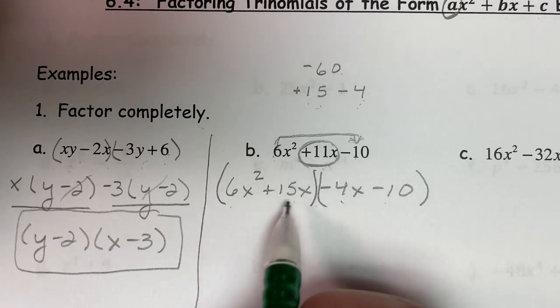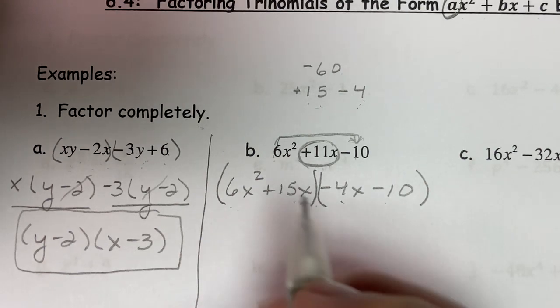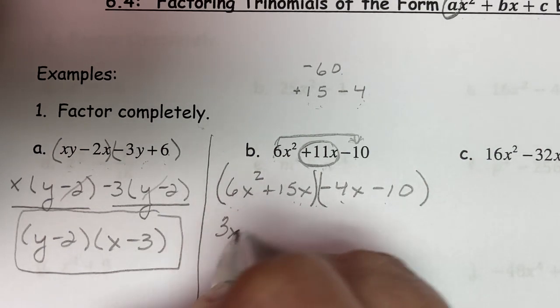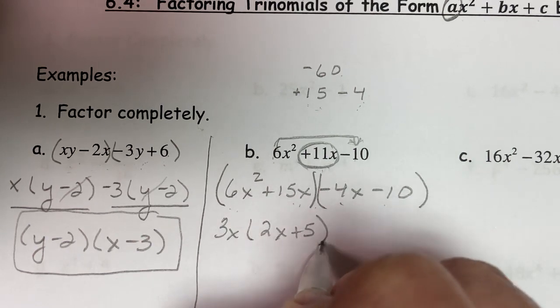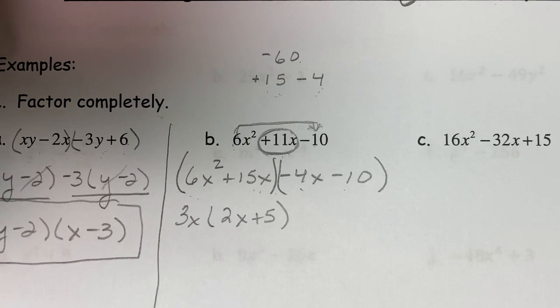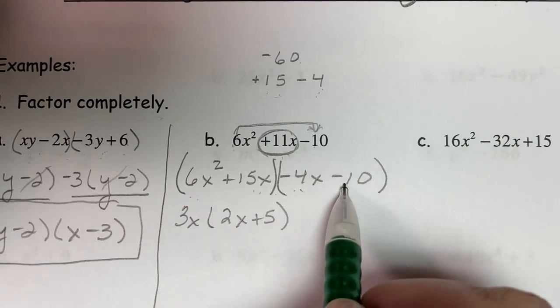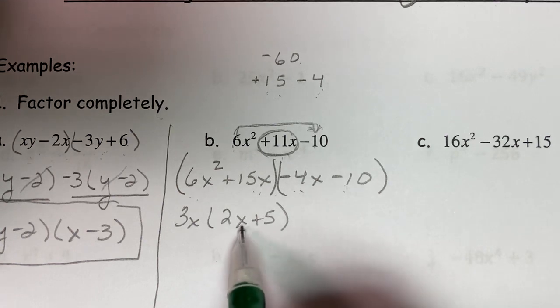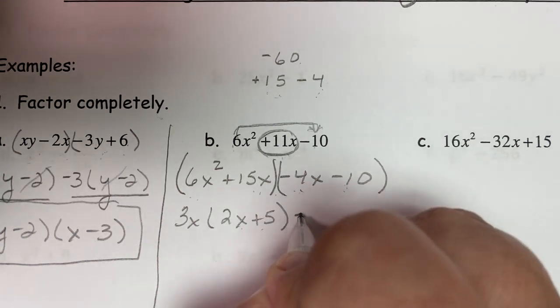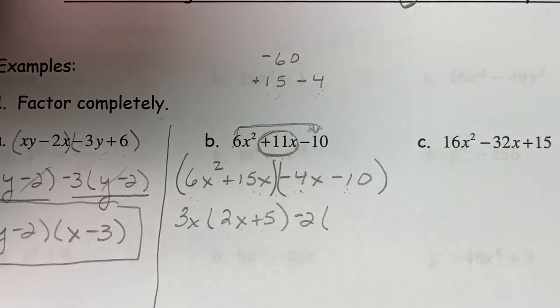So if I take a greatest common factor out of these 2, it's going to be 3x, which would leave me with 2x plus 5. You should be getting good at grouping by this point. What can I take as a GCF out of my second group that's going to give me positive 2x plus 5? Well, it's going to be a negative 2.